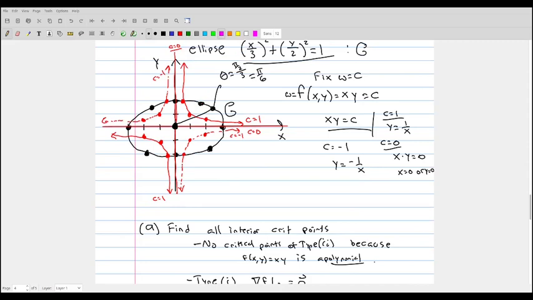So the global max occurs at this point right here, and at this point right here, and I'll color in light green the global min of the function.